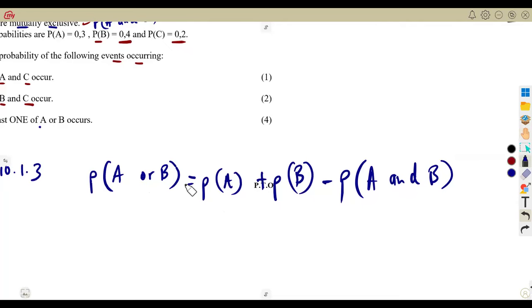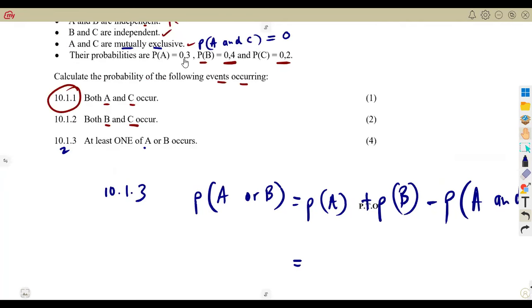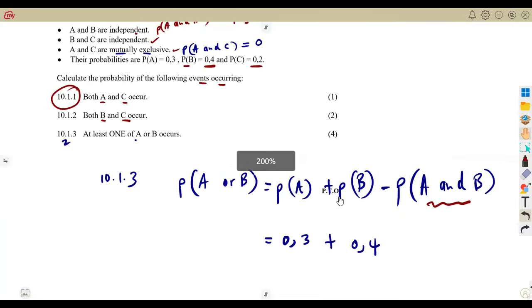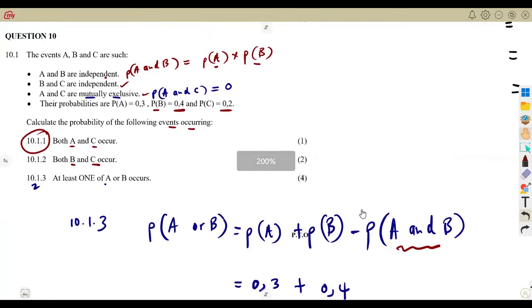The probability of A or B is equal to the probability of A. What is the probability of A? That's 0.3. Then the probability of A and B, do we have that? We do not have A and B. But remember, we said A and B is going to be taken from A times B.